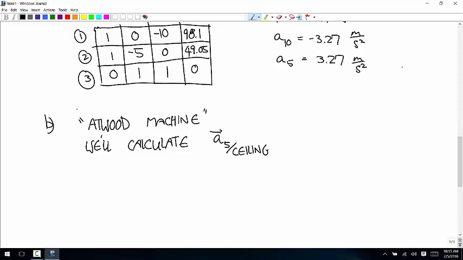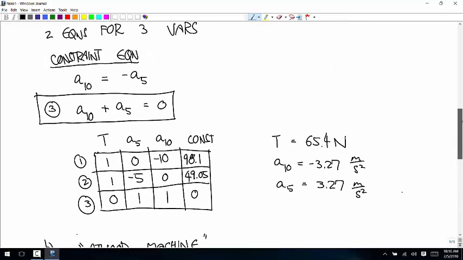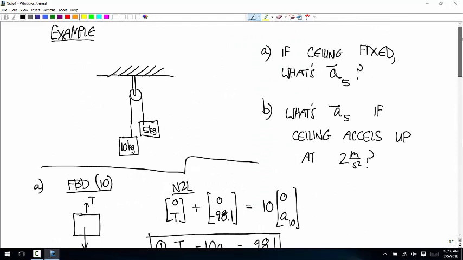And what we're going to see is that the camera would see something different when the elevator was at rest or not accelerating than when the elevator is accelerating. What do you think? Do you have intuition about that? If this elevator is accelerating up at 2 meters per second squared, is the absolute value of this acceleration going to get bigger or smaller?